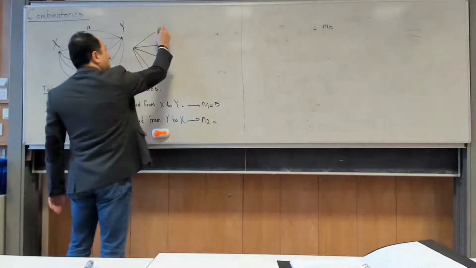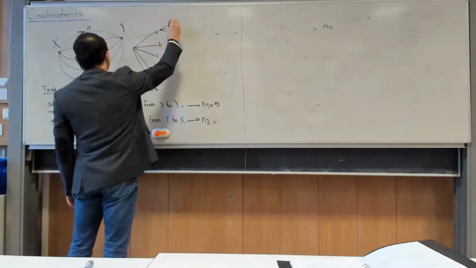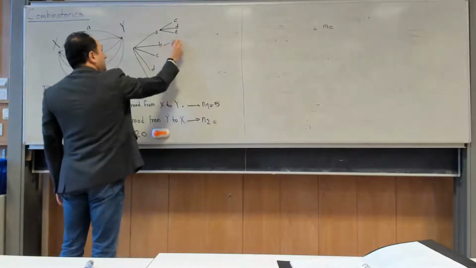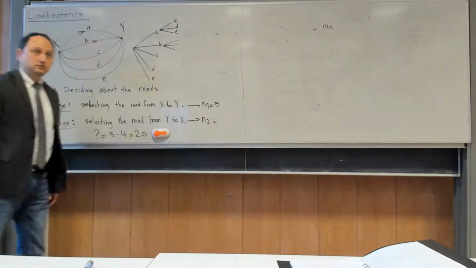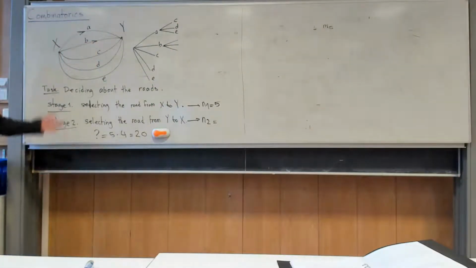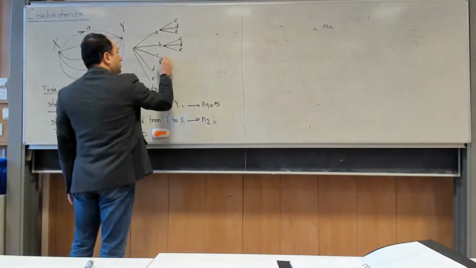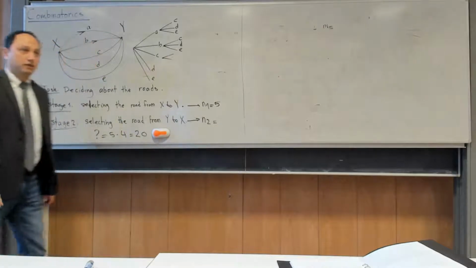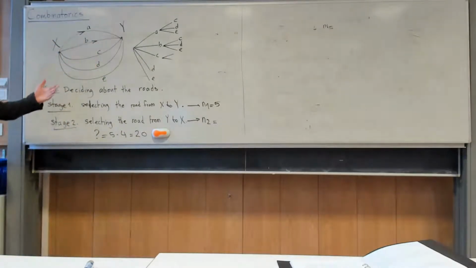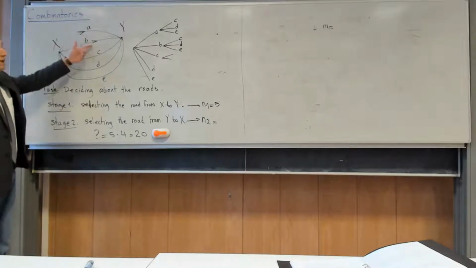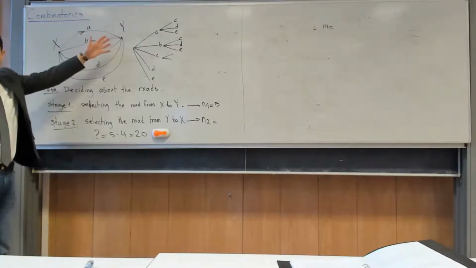So it means that from here, I have 3 branches coming out: C, D, and E. What about B? How many options are available? Again, C, D, and E. Do you agree? But if I have chosen C, how many options are available? Yes? 2. Because A and B cannot be chosen because they are one-way roads.